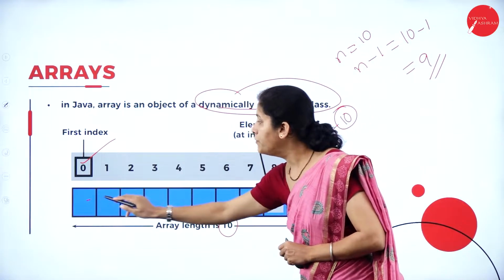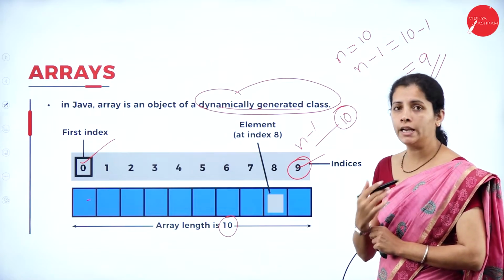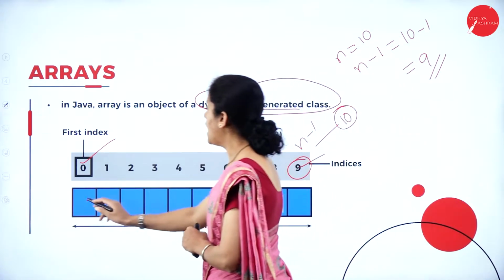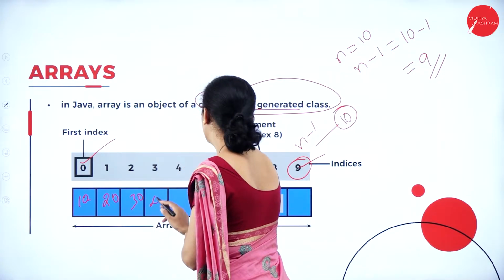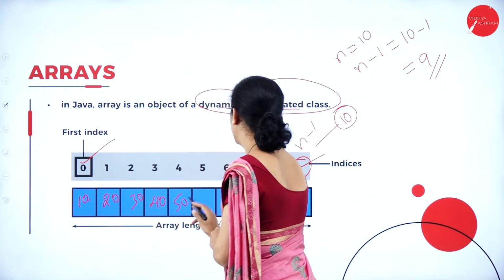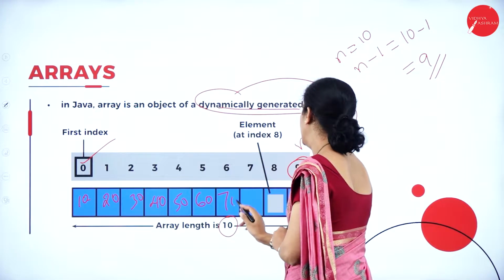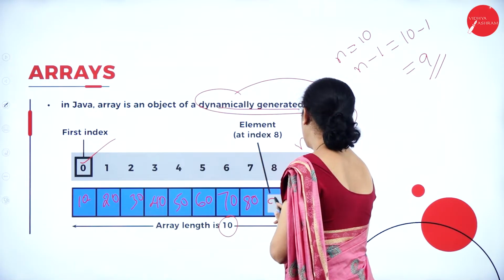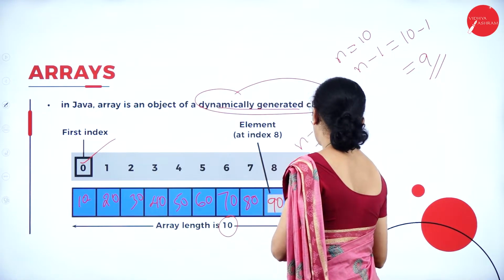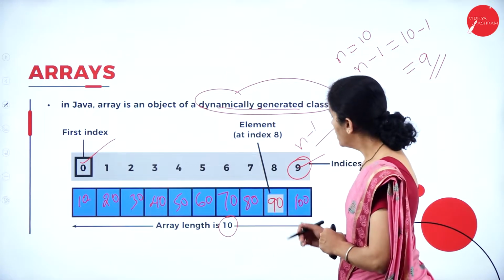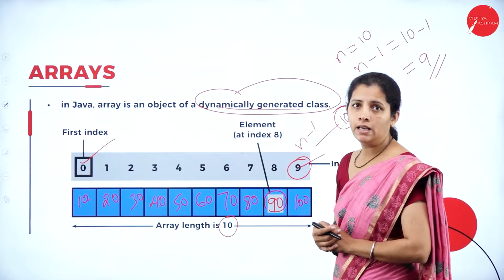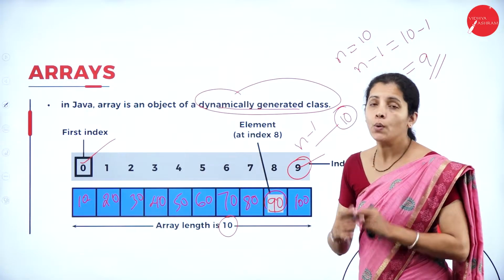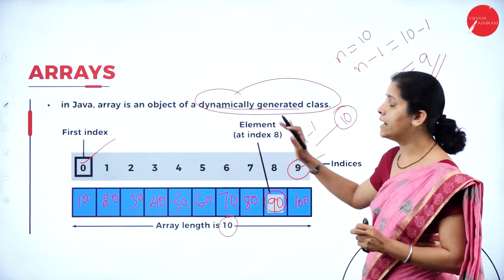Now, these are the fields used to store the data. For example, think that I have 10, 20, 30, 40, 50, 60, 70, 80, 90 and 100. Now, if I want to access the element 90, how can I access it with the help of the array index?